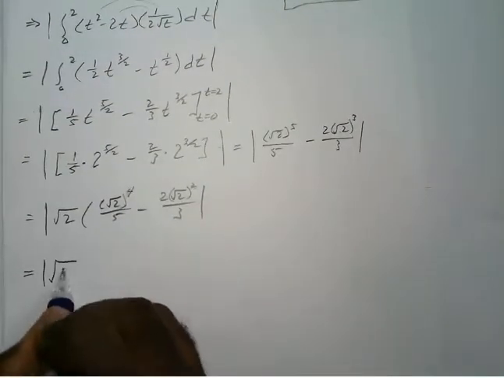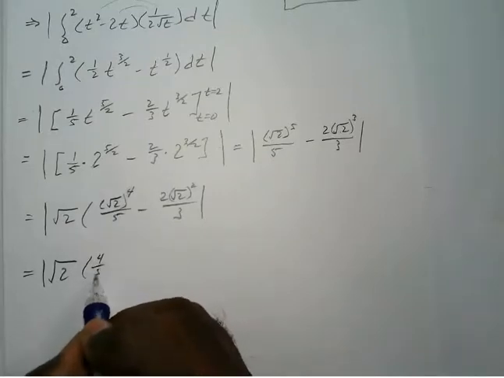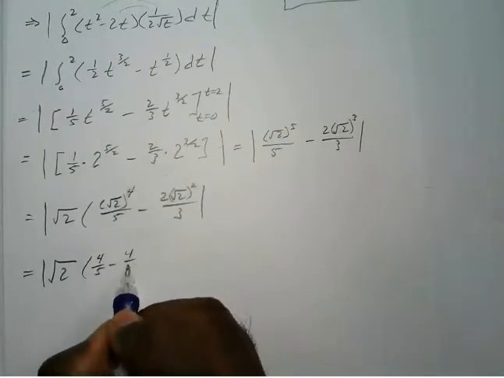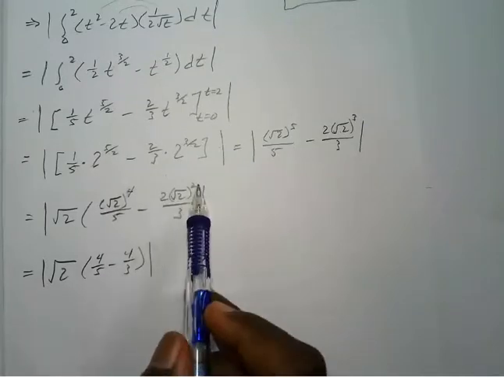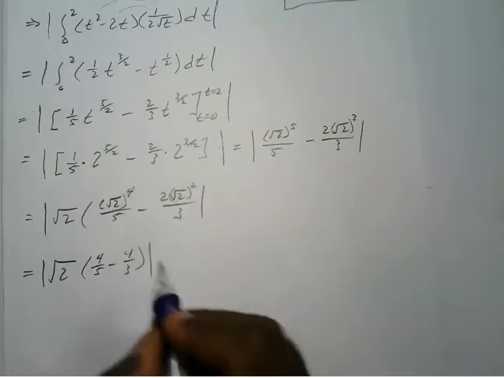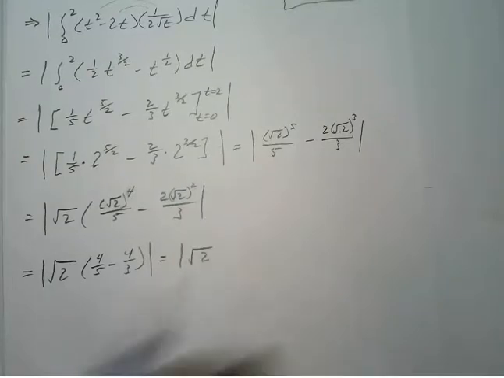So we have the square root of 2 times 4 over 5 minus 4 over 3. Remember, square root of 2 squared is 2, and 2 times 2 is 4. Okay, so that's going to equal the absolute value of square root of 2.